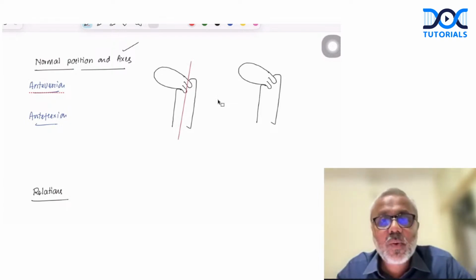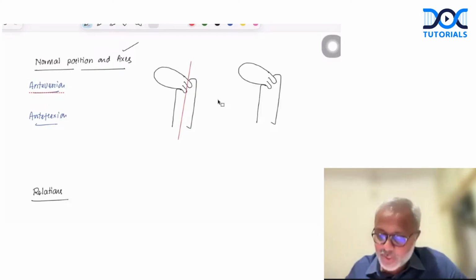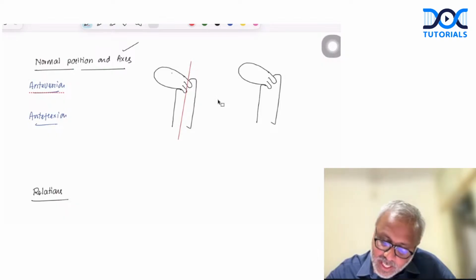Done. Now, what is the other line about? The other line, remember, passes through the long axis of the cervix.